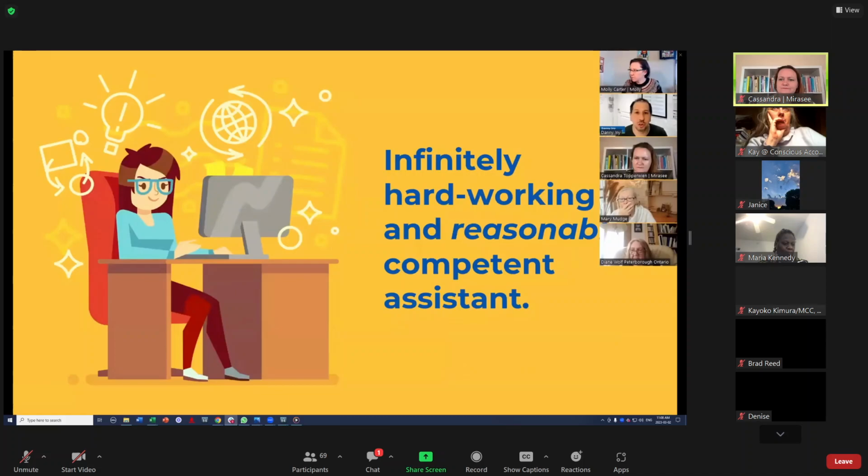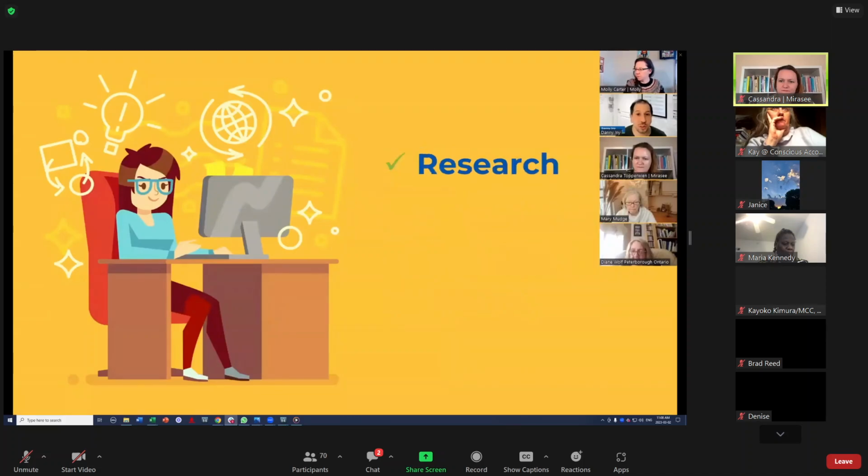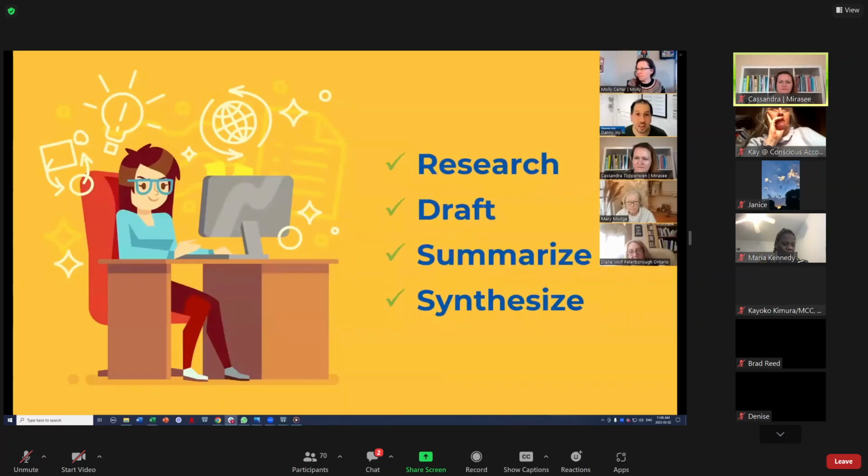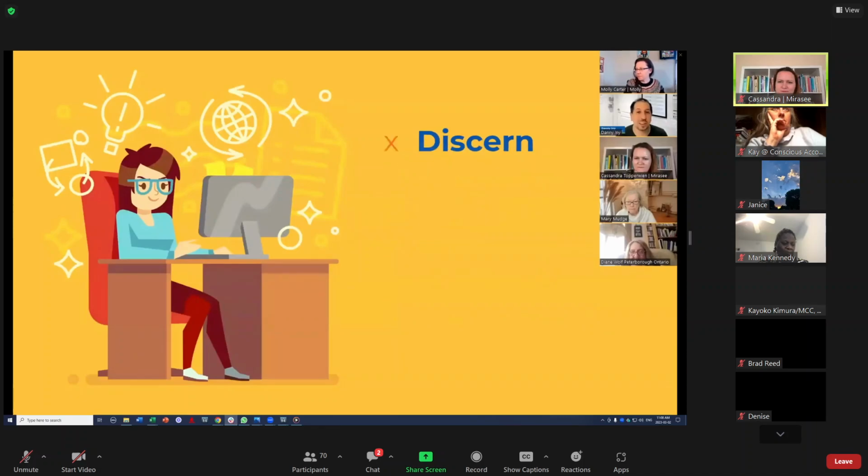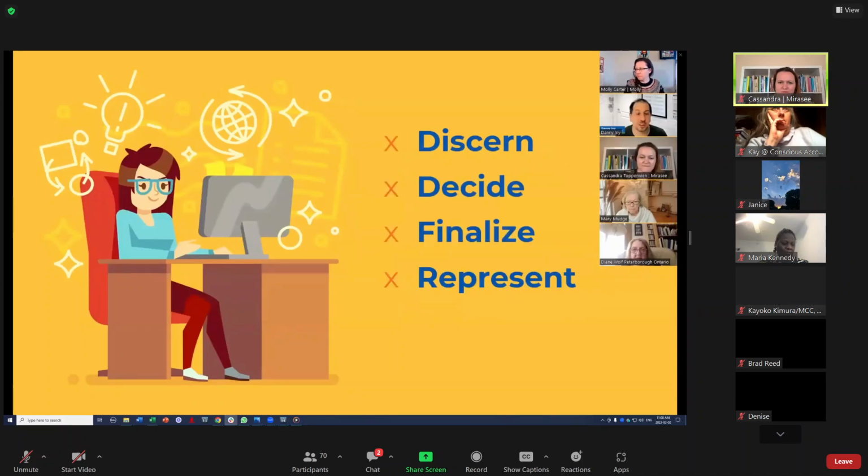So, for example, you would ask an assistant to research and to draft and to summarize and to synthesize in areas where you have the expertise to know what they got right and what they didn't. But you would not ask an assistant to discern or decide or finalize or represent or advise, because they just don't know enough about your subject area to make those judgments. Those would be the wrong way to use the technology.